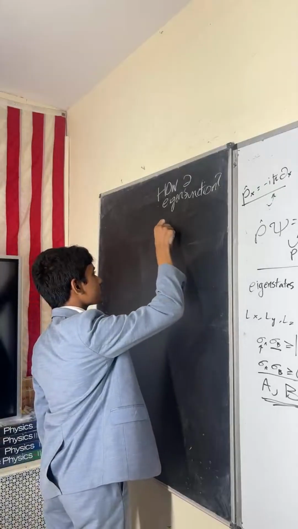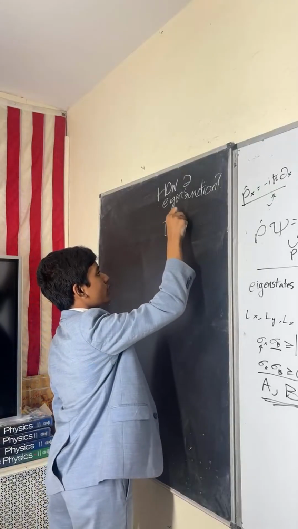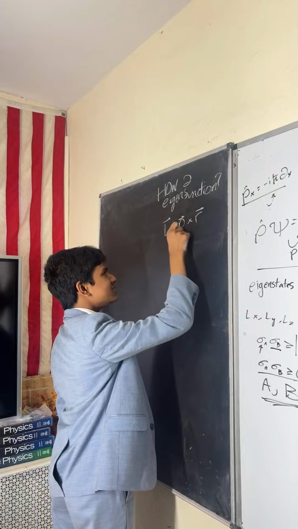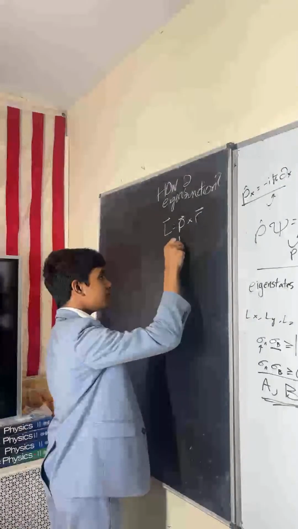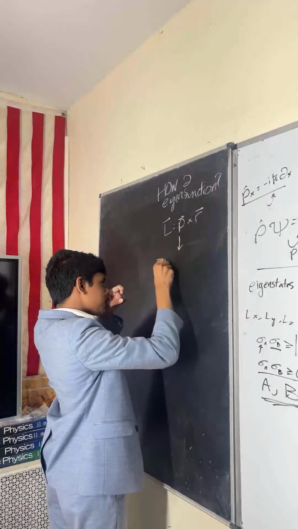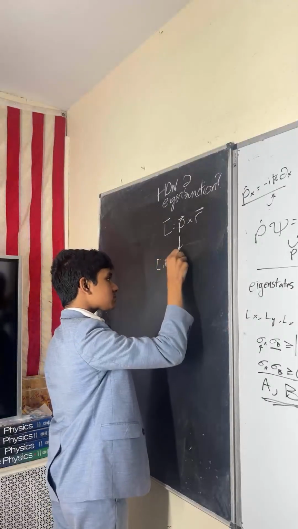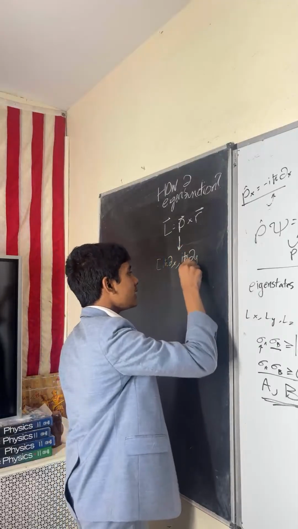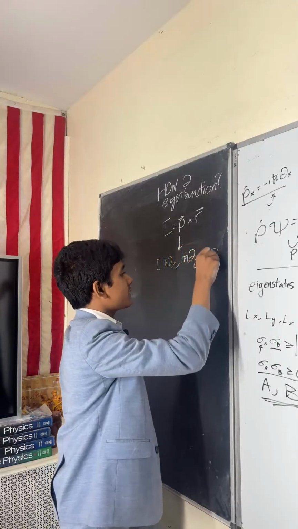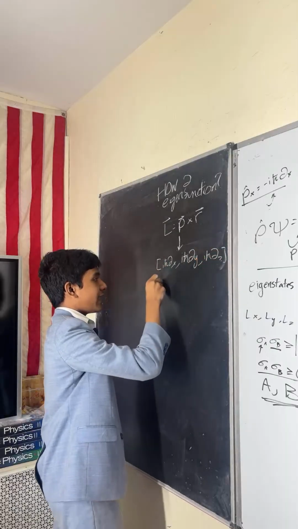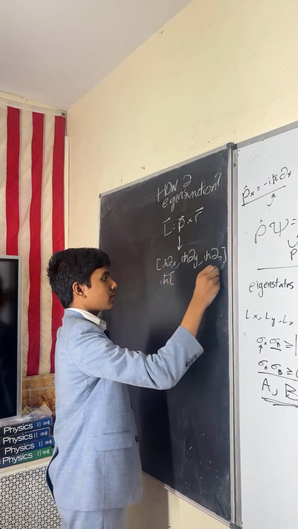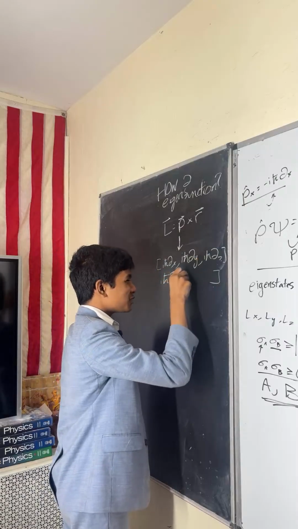Now, we're going to first reflect on what L is. What is this? Well, P is i h bar partial x, i h bar partial y, i h bar partial z. Oh, sorry. Now, factor out the i h bar.